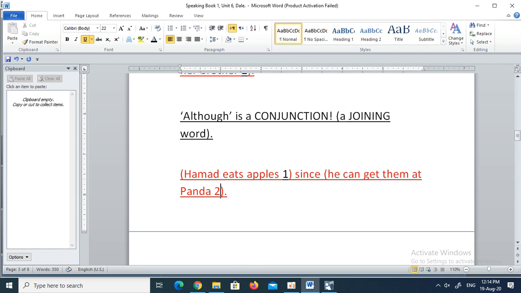So we can call that clause number 2. They are joined by that little word since, like although.